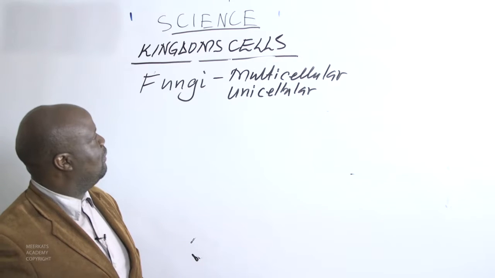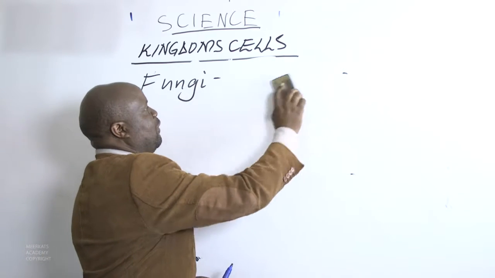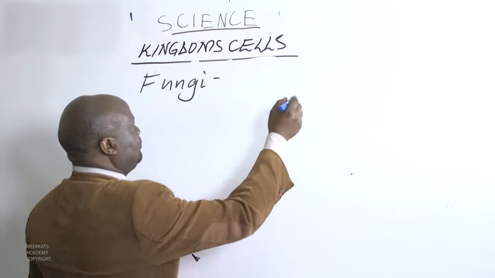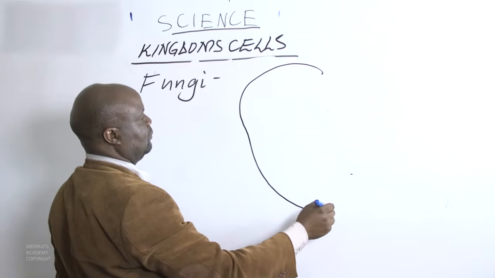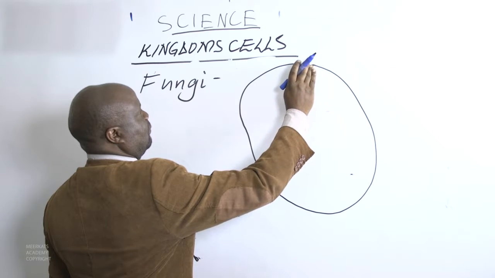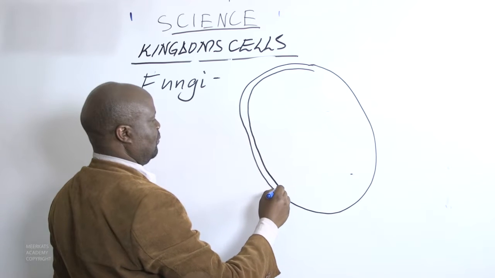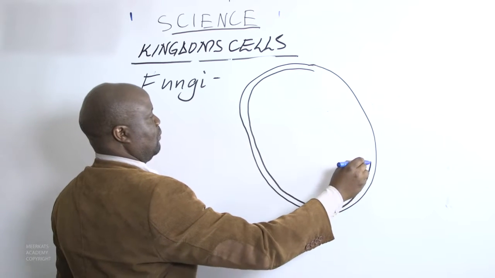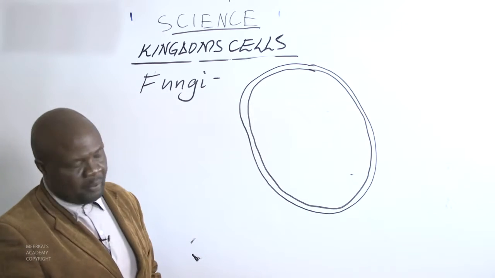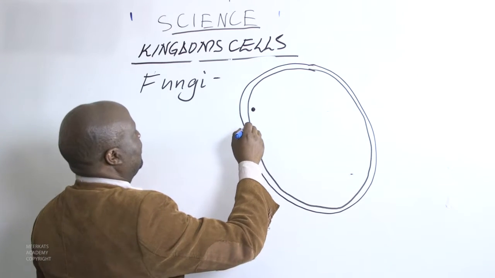So the structure of a cell in this particular fungi kingdom can take the following structure. Okay, so the nucleus is not located in the middle, it can be located anywhere.